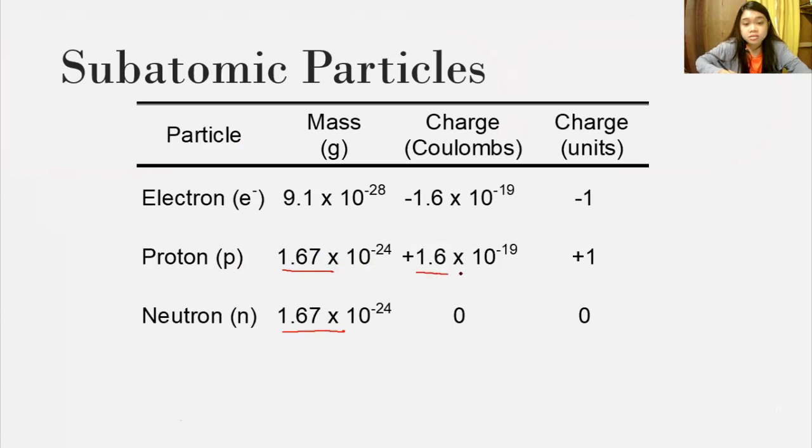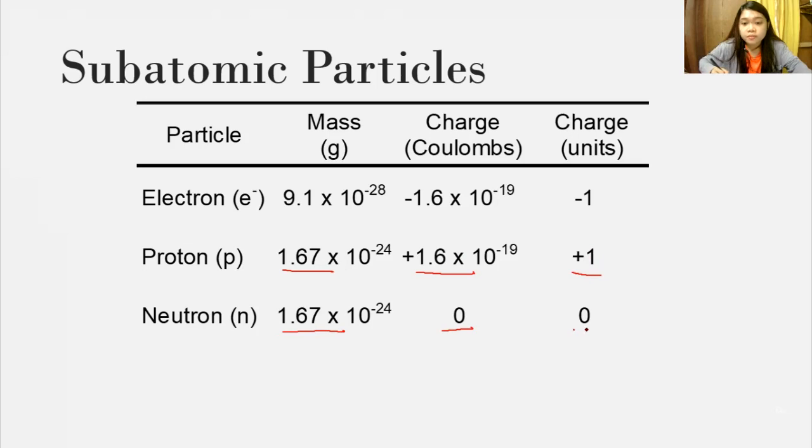This is the charge for protons, but there is no charge in neutrons since it's a neutral subatomic particle. And the proton is positively charged. So the concept is positive, it can be 1, it could also be another number, basta positive.